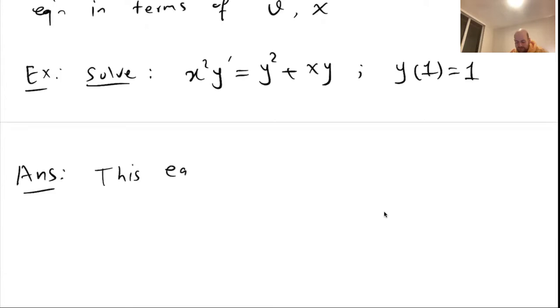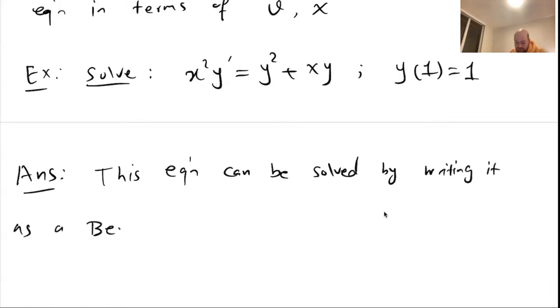So this equation can be solved by writing it as a Bernoulli equation or as a homogeneous equation.